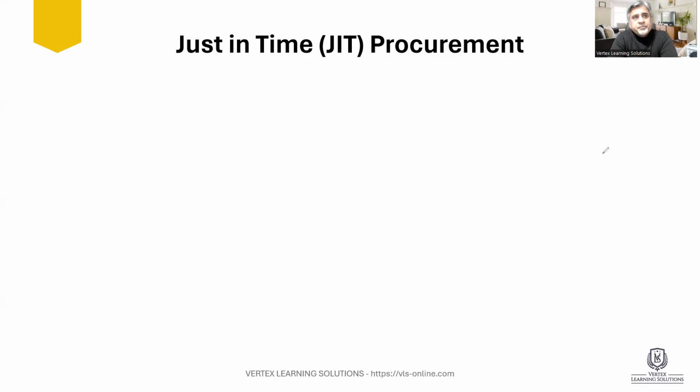It's a good system, but it is not possible in all cases. In some businesses, you do need to keep inventories. For example, if you are dealing in a seasonal business, maybe some agricultural products, you have to keep inventories because you cannot just order 12 months of the year.